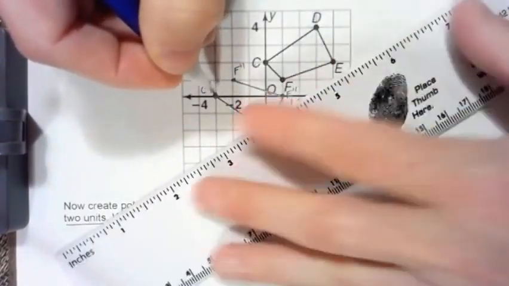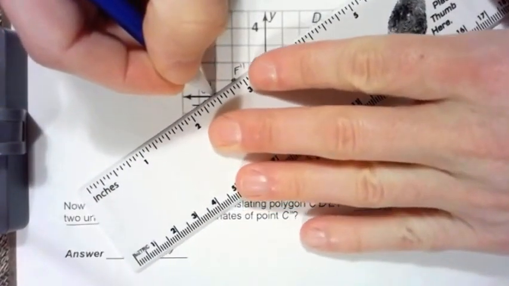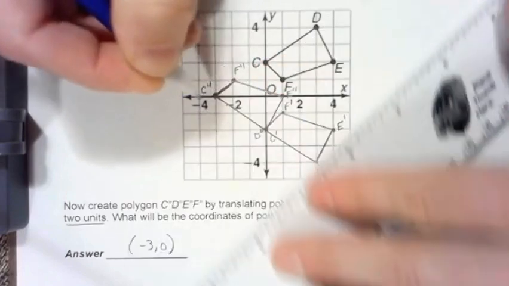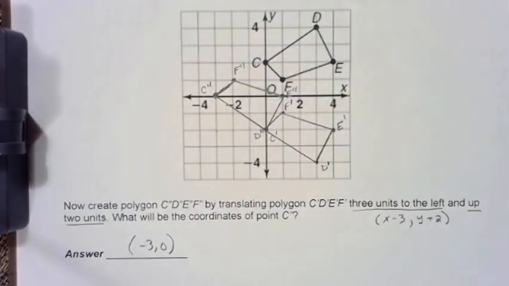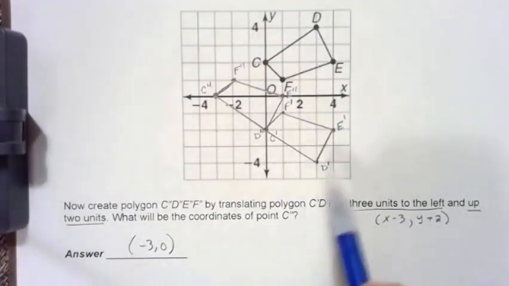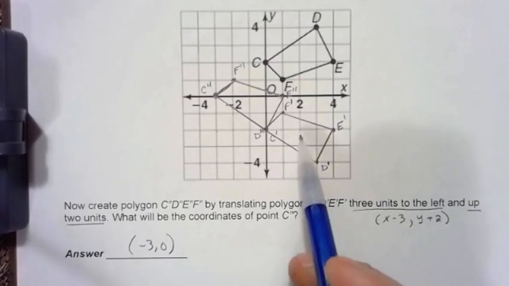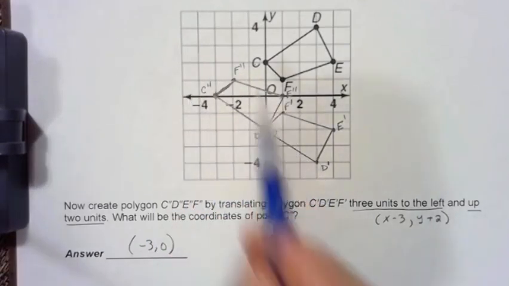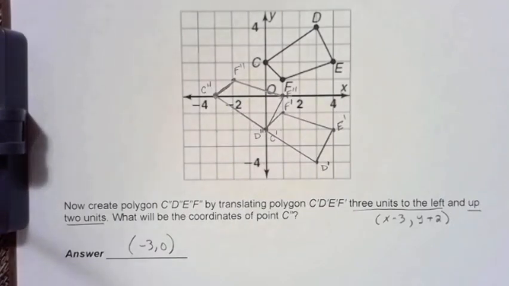And finally, and there we have it. All right, so we took our image quadrilateral and we moved it 3 units to the left, 2 units up, creating this new quadrilateral.